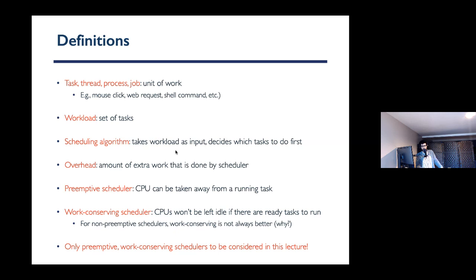If the CPU is idle, why wouldn't I schedule? Let's say I have ready tasks, my ready queue has at least one task, and the CPU is not working. That looks like a waste. Why would I ever do that?